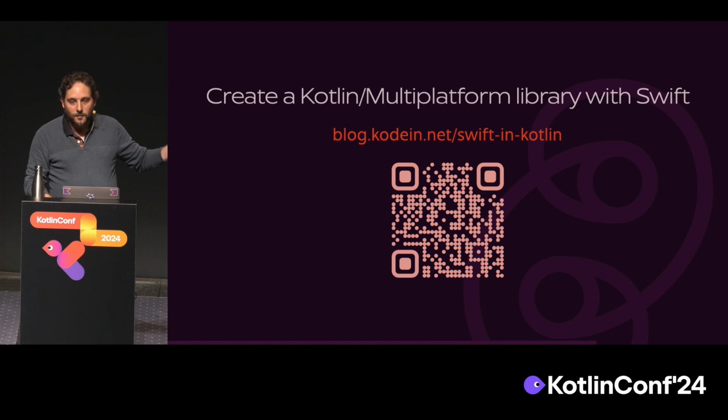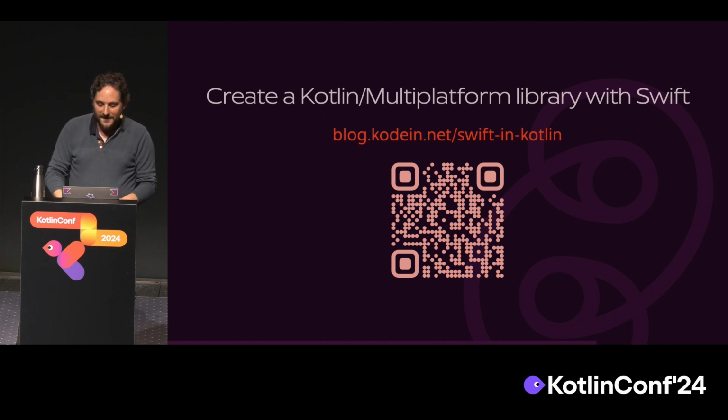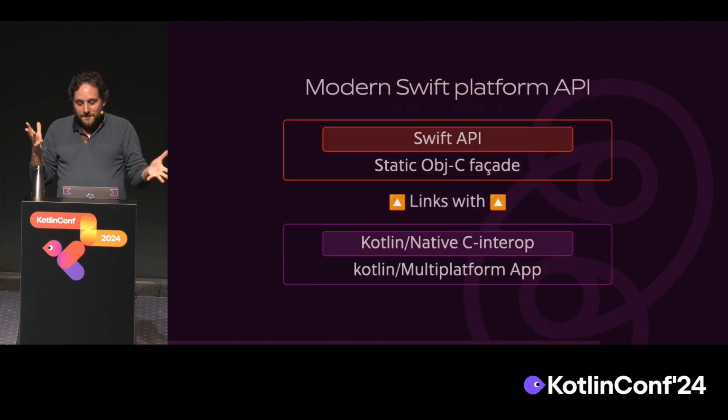I've written an entire blog post about that. I've not told you everything because there are some weird bugs and tips and tricks you need to know. If you want to integrate Swift API into Kotlin/Native and Kotlin Multiplatform, I encourage you to read these blog posts. So this is basically how it works.